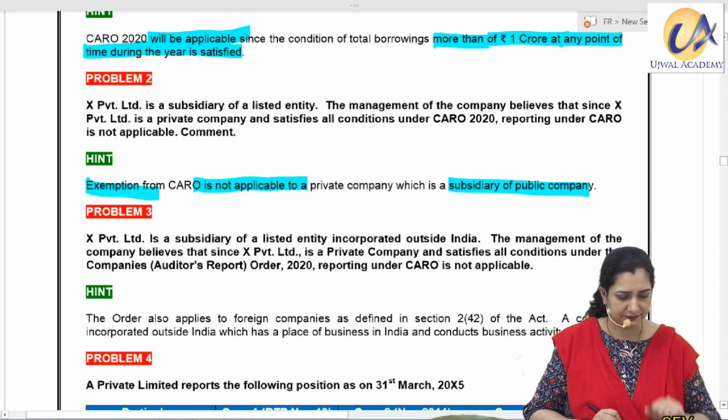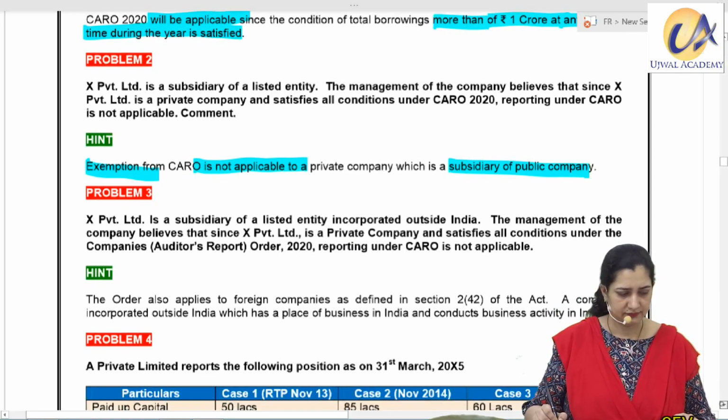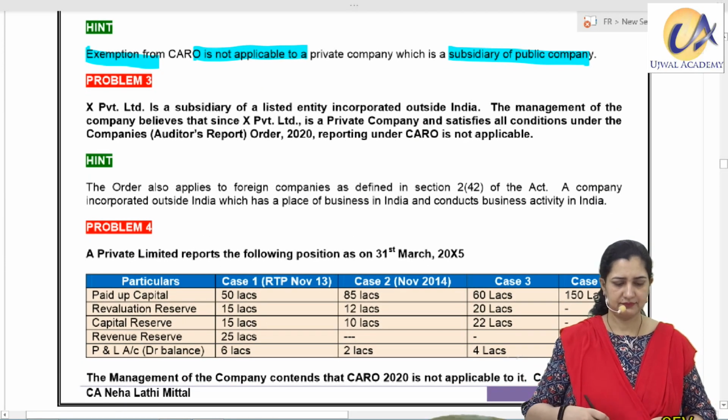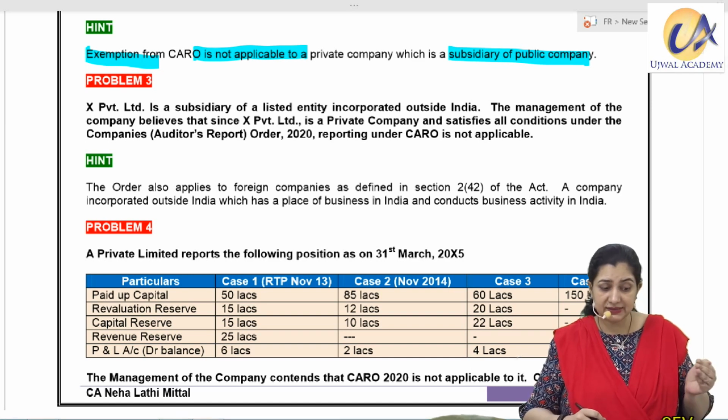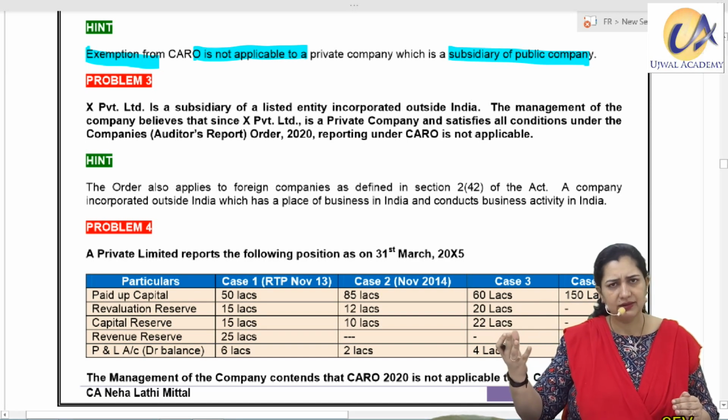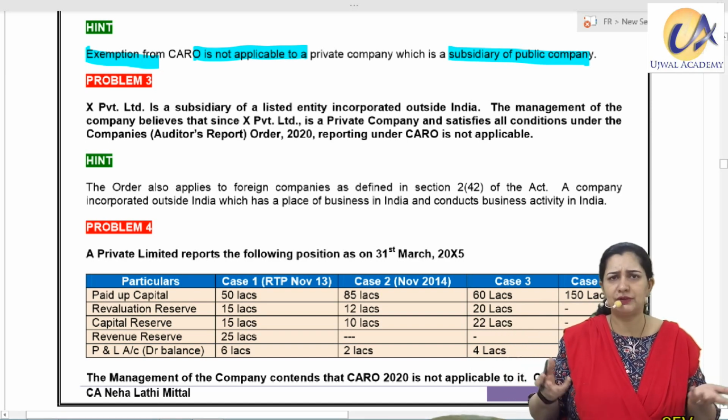Done? Third. Read it yourself. Subsidiary of a foreign company incorporated outside India, right? But we said CARO is applicable to even foreign companies.